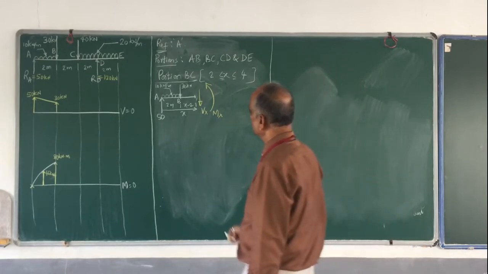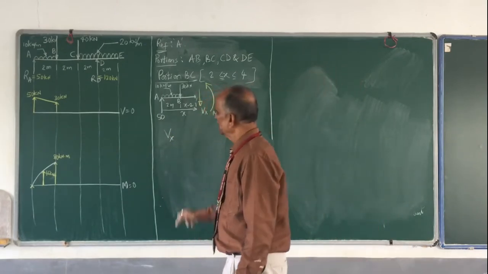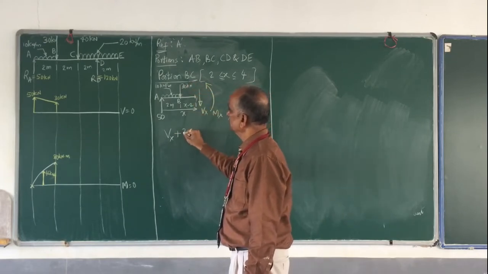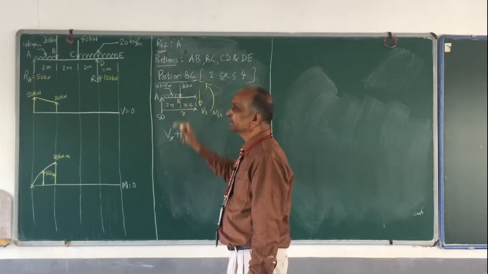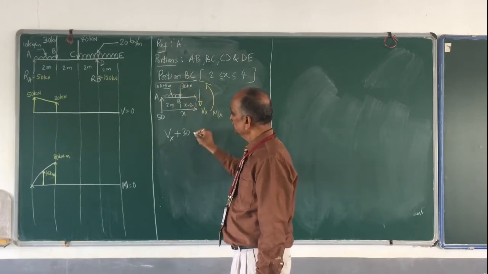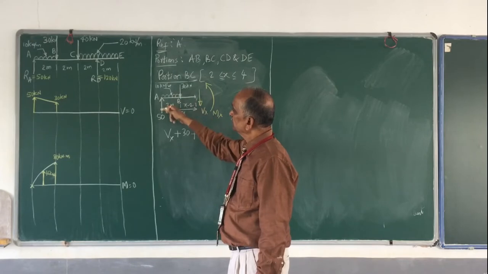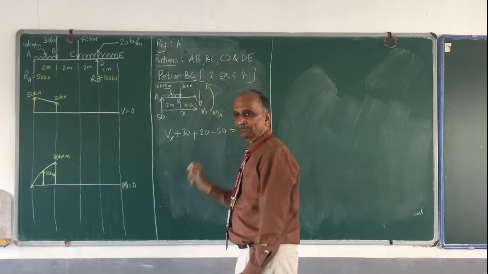So now with this start, Vx, downwards positive. Then 30 kilonewton downwards, therefore it is plus 30. Then this 10 kilonewton over a length of 2 meters, 10 into 2, 20 downwards, therefore positive 20. Then next, this 50 upwards, minus 50, the whole thing is 0.